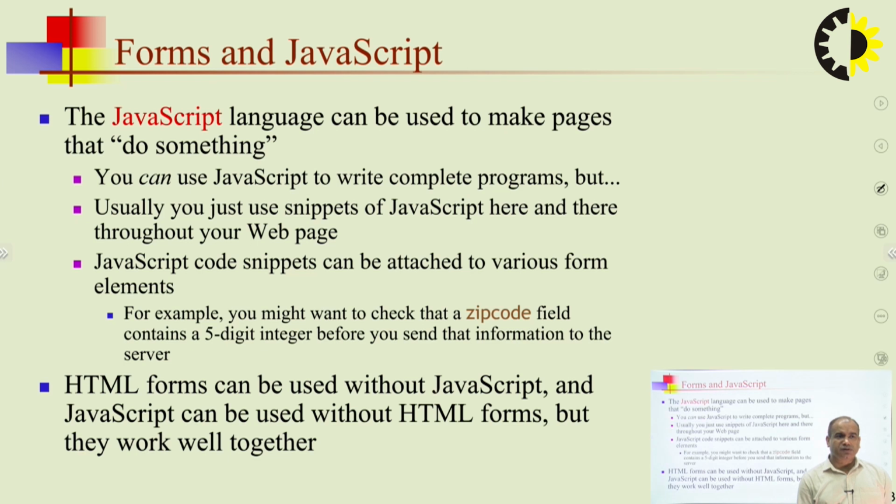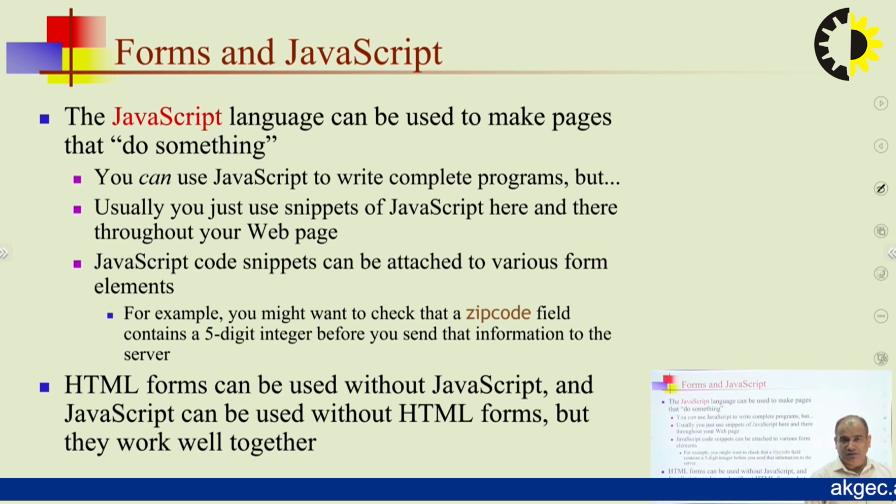So, a JavaScript code snippet can be attached to various form elements. For example, we want to check that the zip code field contains a 6-digit integer before we send that information to the server. HTML forms can be used without JavaScript, and JavaScript can be used without HTML forms, but they work well together.